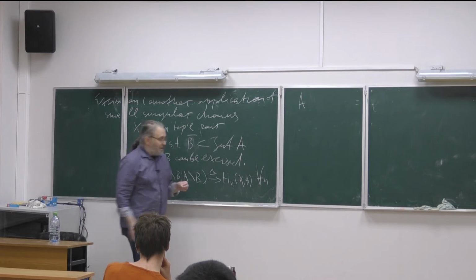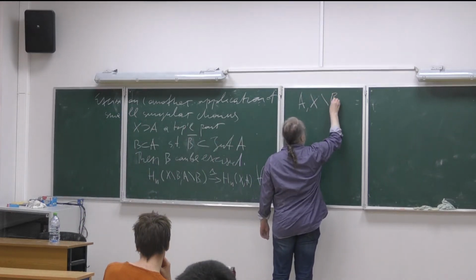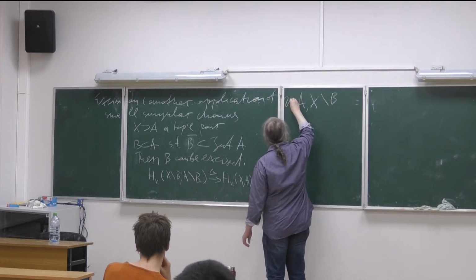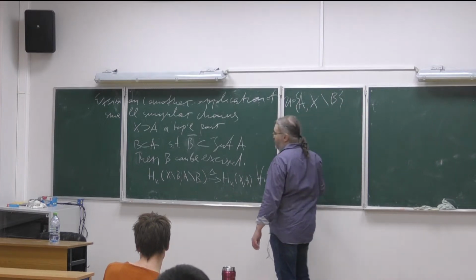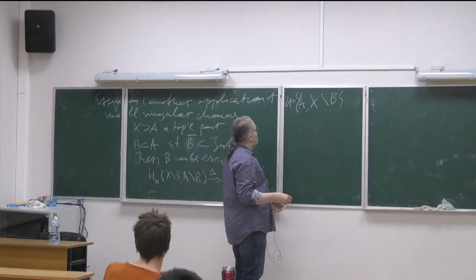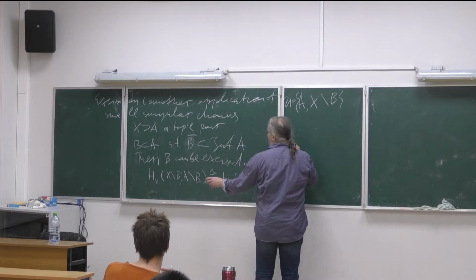Yes, let's see, it's X minus B. Okay, so let's take U equal to A, X minus B. Let's see if it works. Is it an open set? Not necessarily. But let's see if it works.